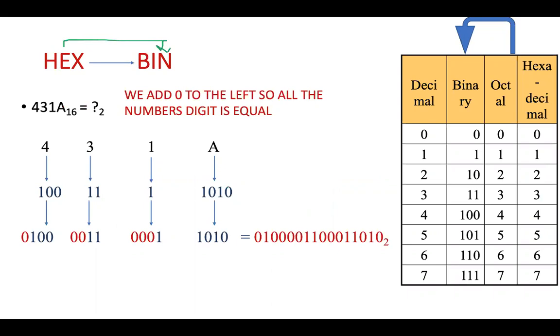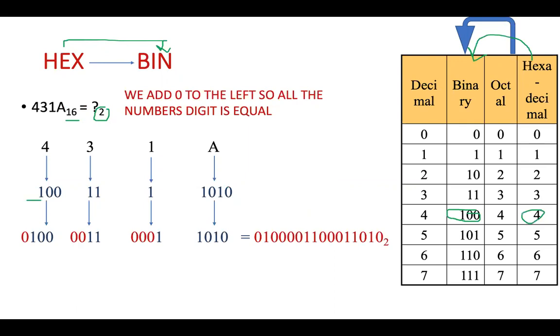So we have this number 431, a base of 16, and you can see here they want binary. So from hexadecimal to binary from the table, 4 is equal to 100.